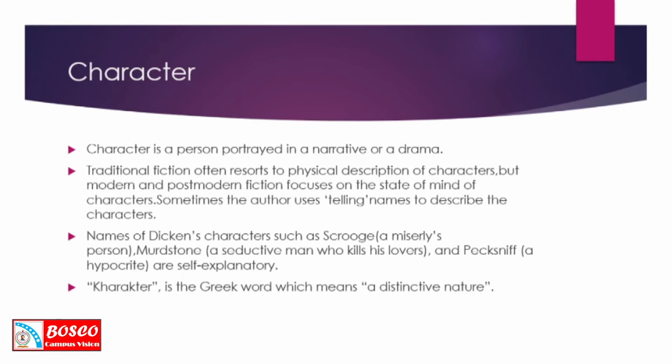And sometimes the author uses telling names to describe the characters. Some writers use telling names to describe the character traits of that particular character. For example, names of Dickens characters such as Scrooge. Scrooge means a miserly person. Murdstone, a seductive man who kills his lovers.